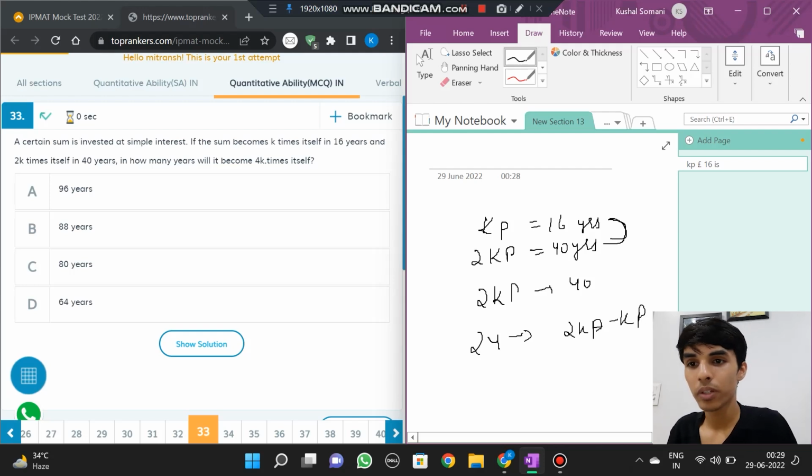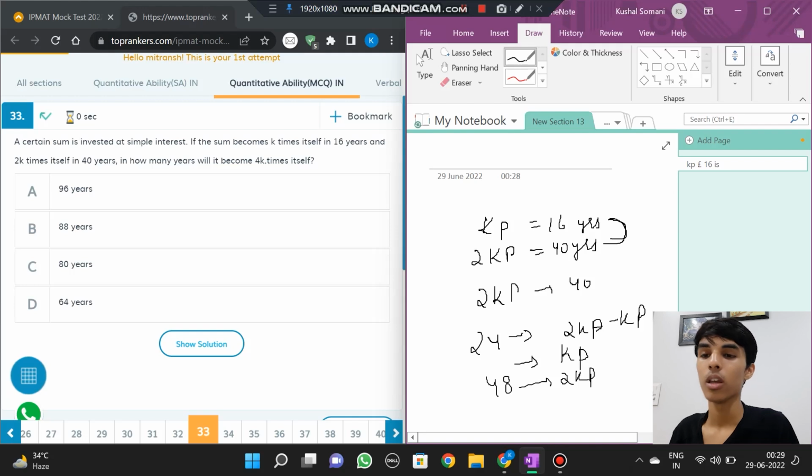Hence, in these 24 years, the difference in amount is caused only by the interest that it has received. So in 24 years, it is receiving an interest of k into p. So in 48 years, it will receive an interest of 2kp.